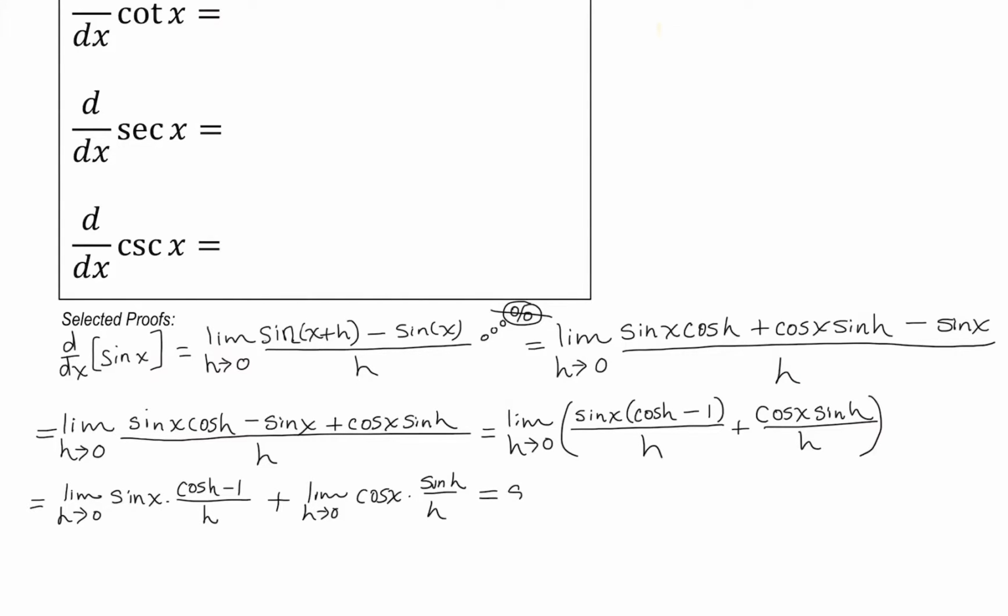And in the first term, sine of x is something that can be brought out in front of the limit because it doesn't have an h in it, so it's not going to be impacted by the limit as h goes to 0.